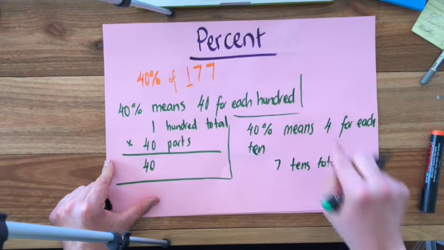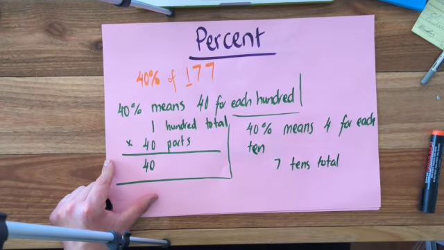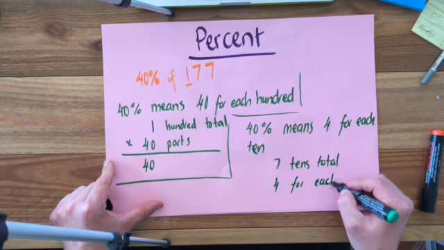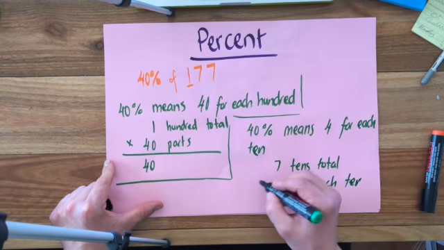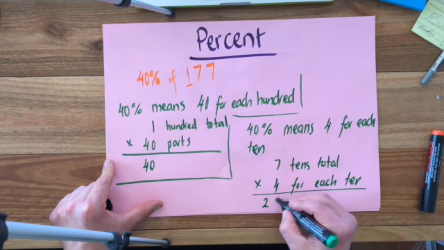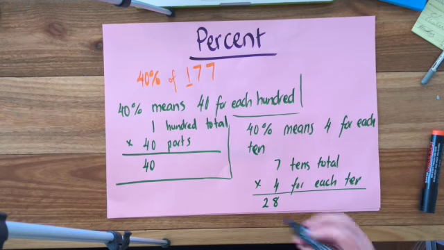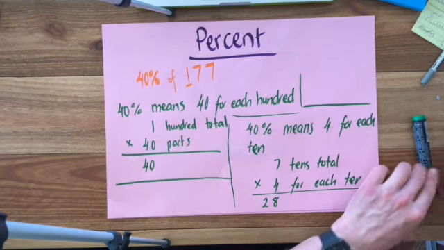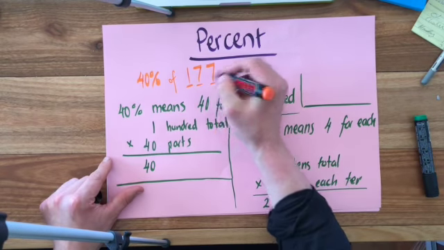Okay, you can have a look. And I've got 4 for each 10. All right, multiply that so I can find out how many in total. That gives me 28.